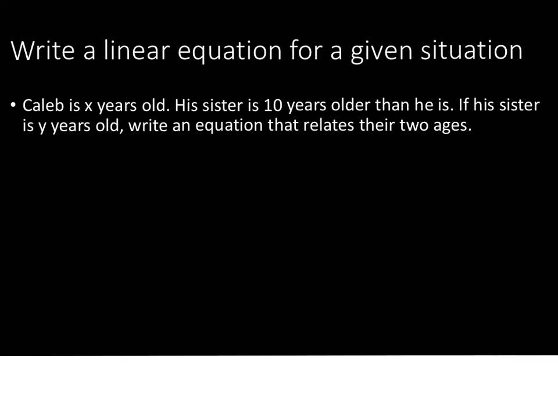So his sister's age in terms of X is X plus 10. So that would be his sister's age. And it says if you let his sister's age be Y years, then that would be equal to Y.